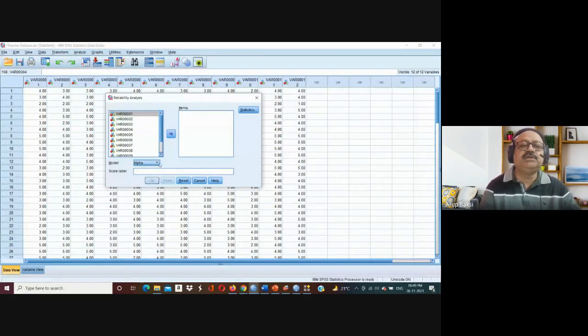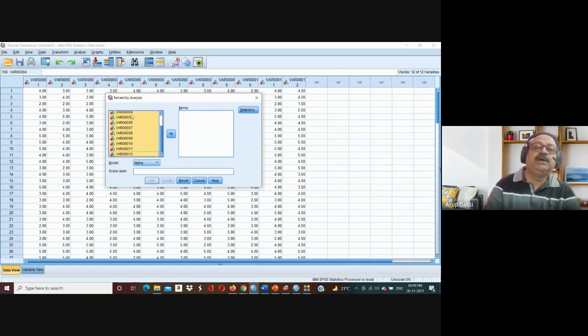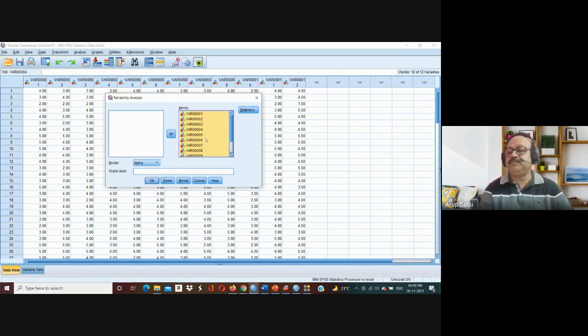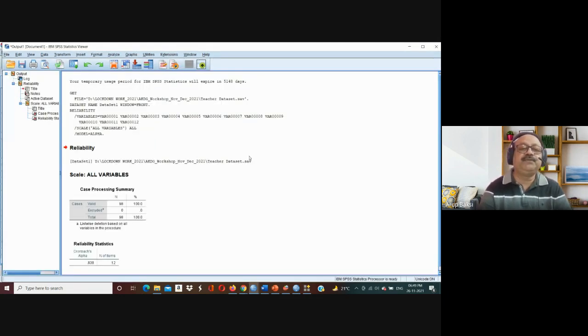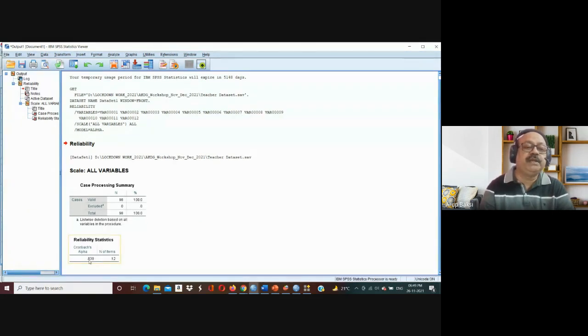There are other modes of reliability analysis also, like split half and Guttman, etc. But normally for factor analysis we go for the Cronbach's alpha, and from variable 1 to variable 12 we just transfer it to this particular item box, okay, and just click OK. So we are basically measuring the internal reliability of the data set. So the Cronbach's alpha score is 0.838, number of items is 12.